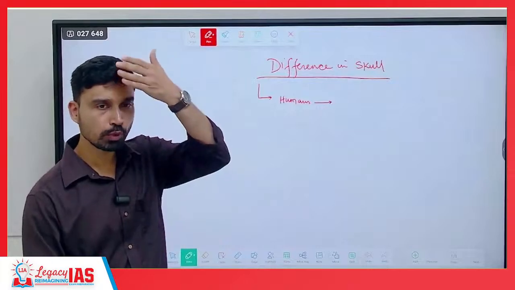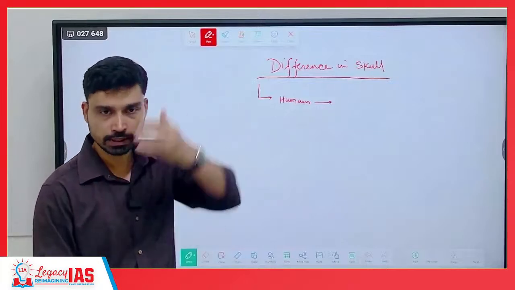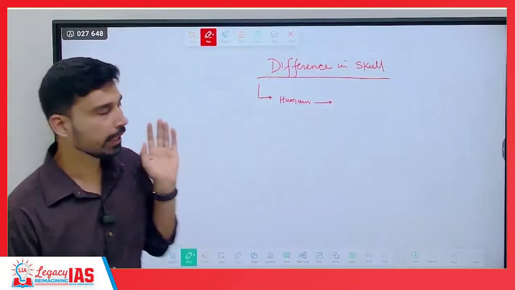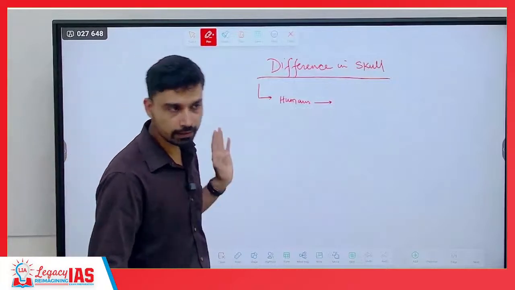It is made up of two parts. One is the frontal part that has the face, another is the cranial part, in which your brain is encased. So we can have two parts of the skull, facial part and cranial part.